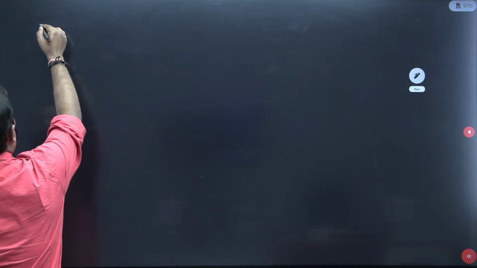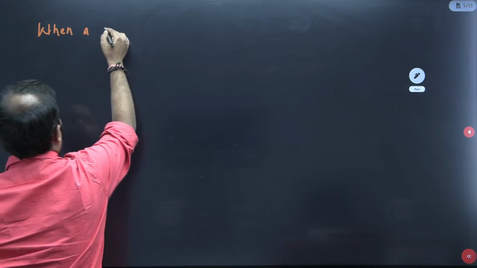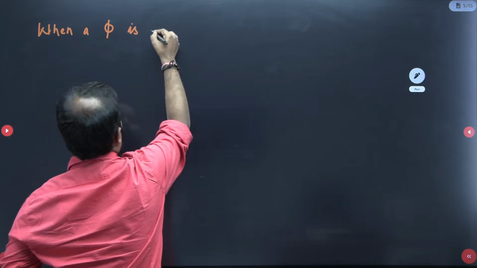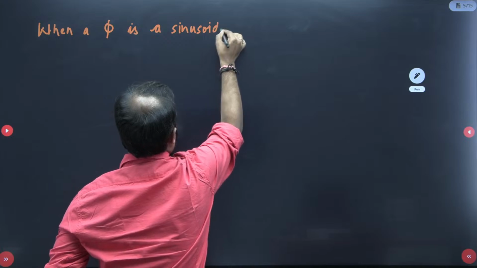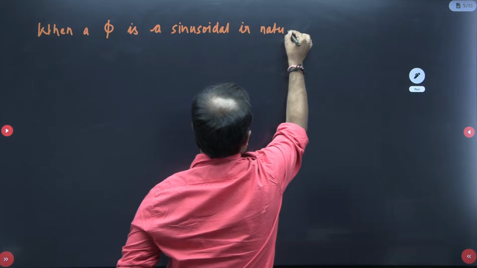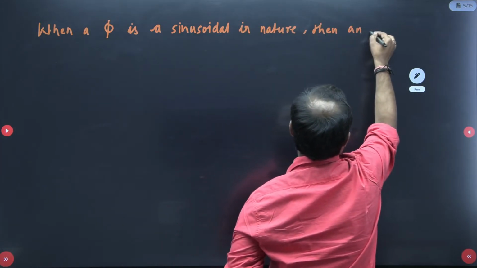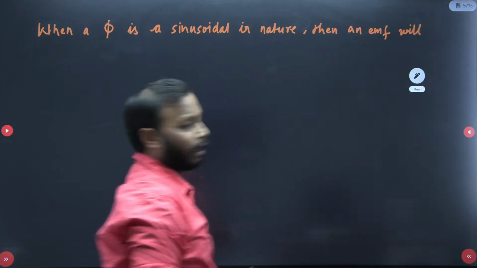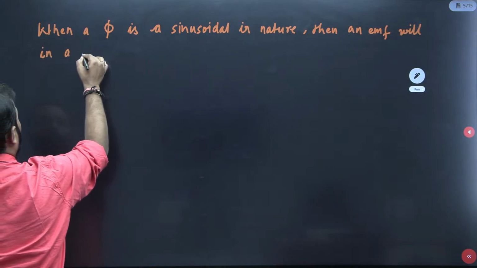So when a flux is sinusoidal in nature, then an EMF will be induced in a coil.